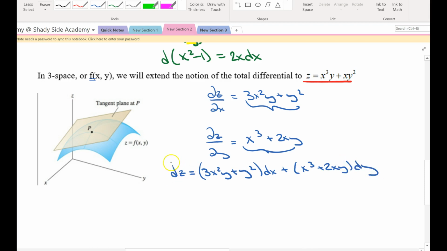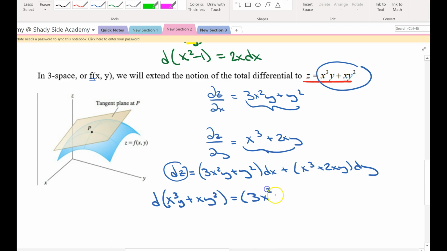Now, I could leave this total differential this way. I can also say this is the total differential of x cubed y plus x y squared, which equals 3x squared y plus y squared dx plus x cubed plus 2xy dy.